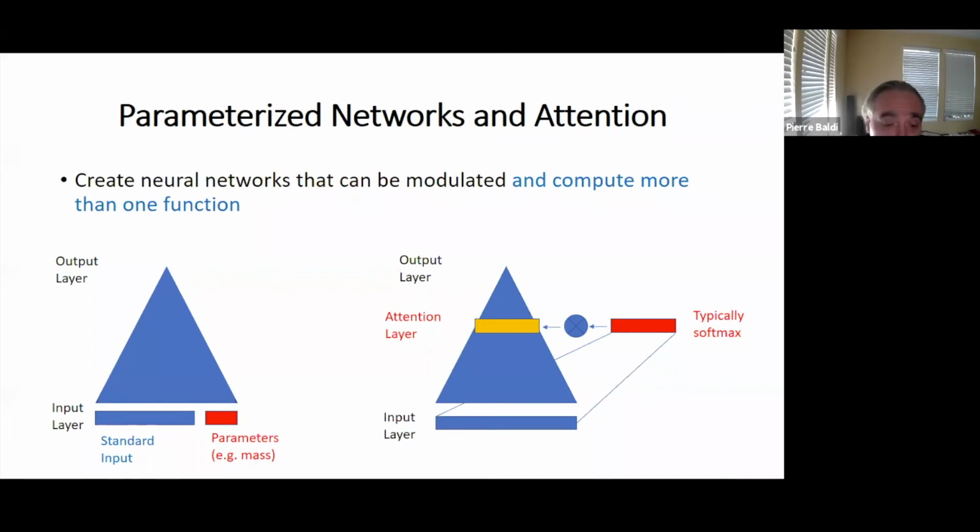You could have data where you don't know what the mass of the underlying particle is, but you can still use this network at test time by sampling different masses, for instance, or looking at the average or looking at masses in a particular range, etc. Right? So that's a parameterized network. Attention is another way of modulating what the network does, I think in a more powerful way, because you can use attention at different layers in different ways, etc. Of course, with many more parameters in general.